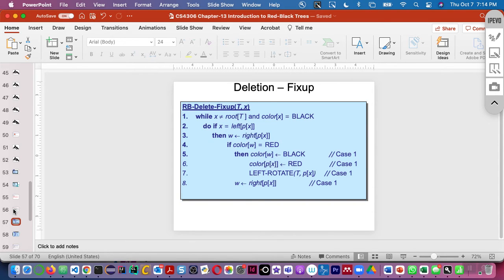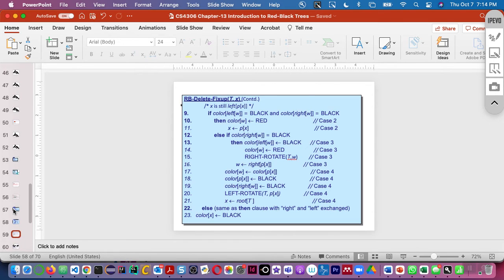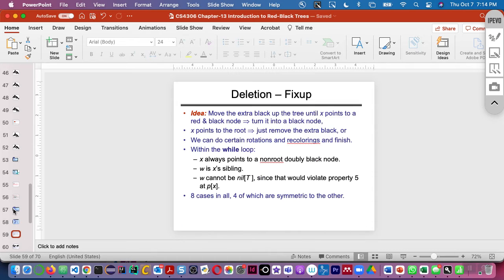So fix up, it says this one. Okay, the algorithm takes, why does it say 4 cases, actually there are 6 conditions, 6 different states.